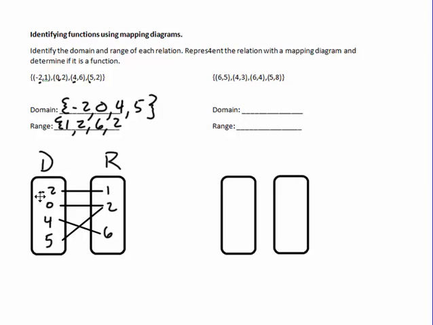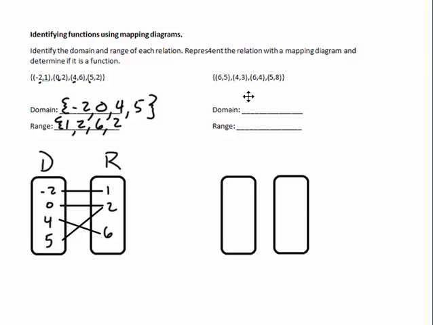And here, my input, my domain values, they each go to just 1. So 4 goes to 6, 5 goes to 2, 0 goes to 2, -2 goes to 1. So over here, they all point to one value over here. Even though 0 and 5 both point to 2, that's okay. That is a-okay.